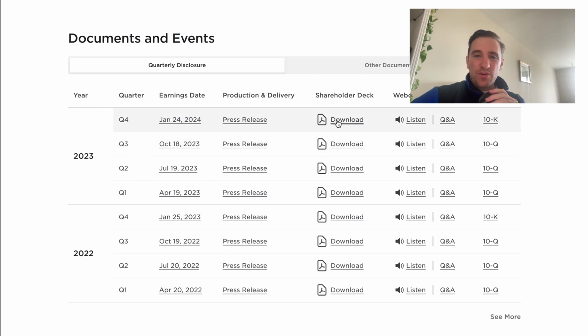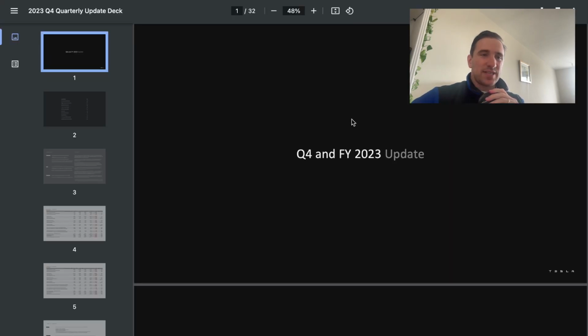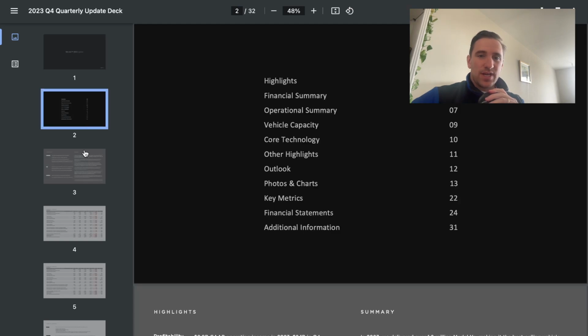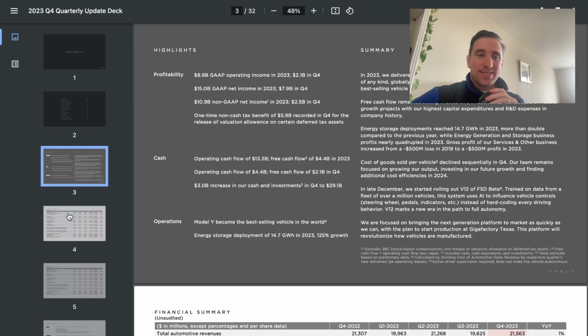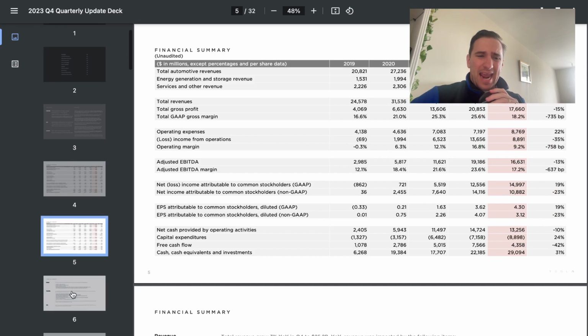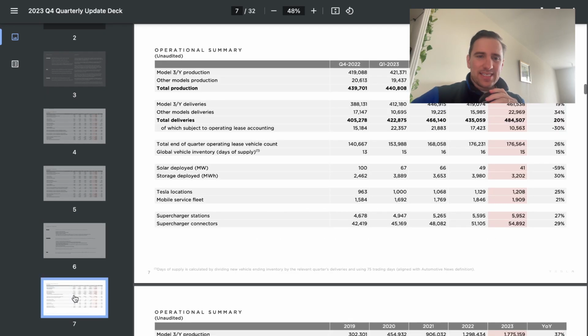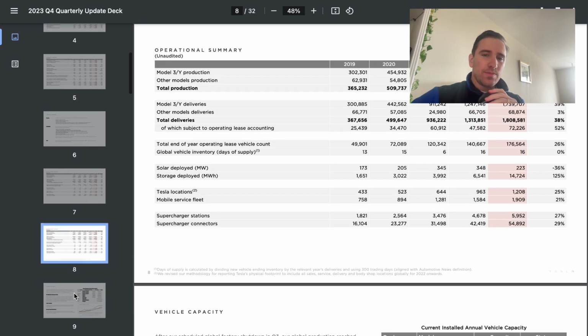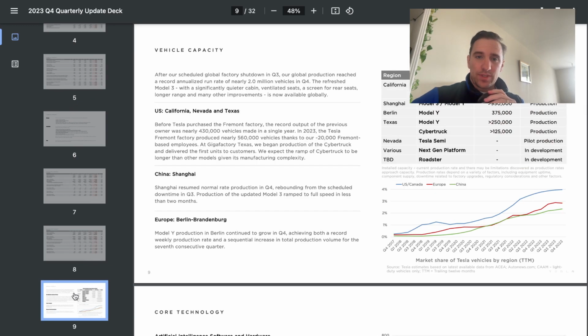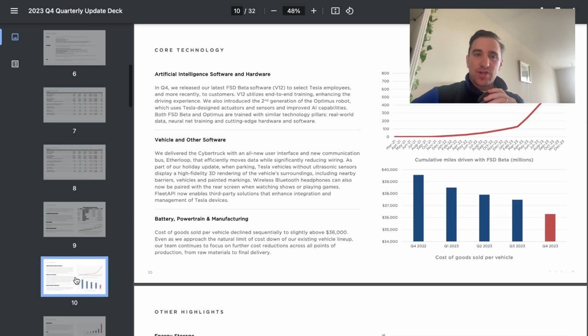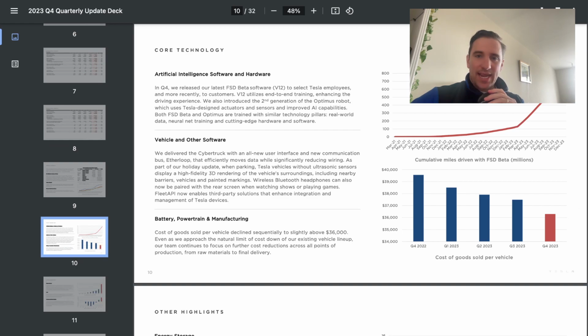Now, if you keep going over, you have the shareholder deck. So oftentimes you can actually see these decks created by the company. You could go to a financial portal to get this information, but you're not going to get it nearly as detailed as this.